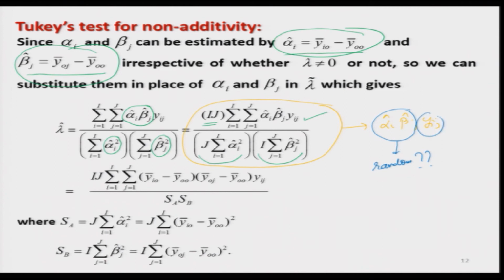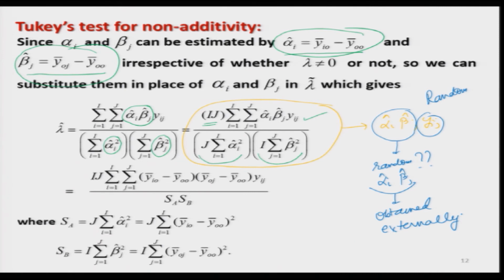Yes, y_ij is random, no issue. But you have to understand one thing here: these two values, alpha_i hat and beta_j hat, are obtained externally. Somebody has obtained the values using some data, and you can say in very simple language that these are some numerical values.